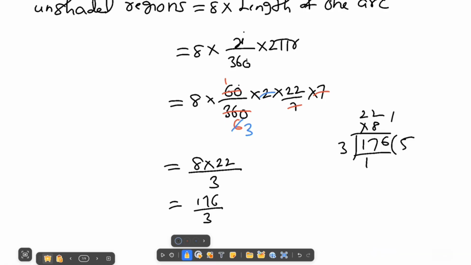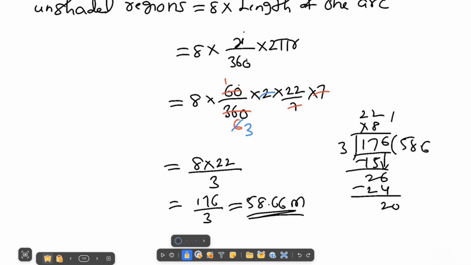We get 58.66. Now the length of rope required is equal to 58.66 meters. So this much rope is needed for 8 unshaded regions.